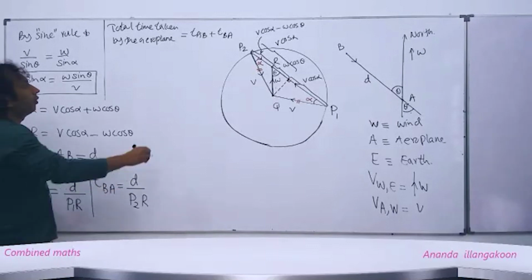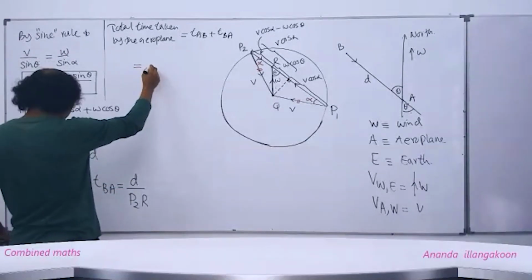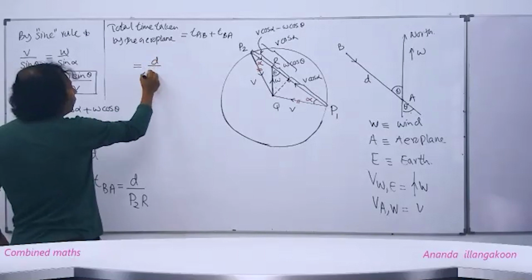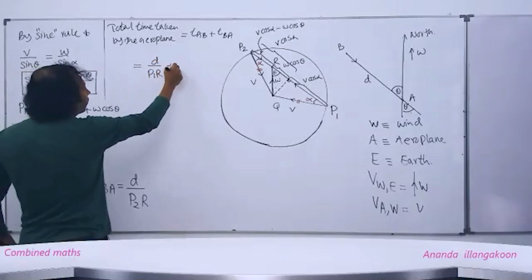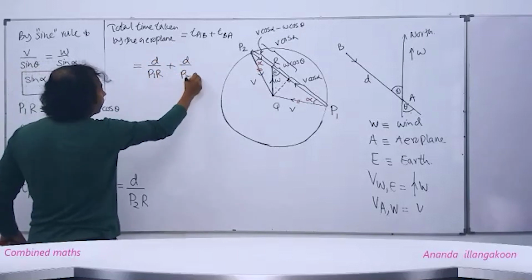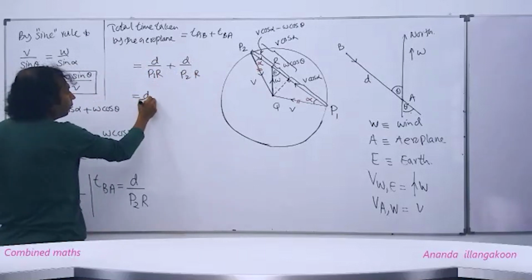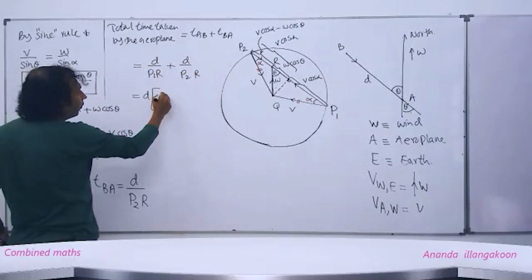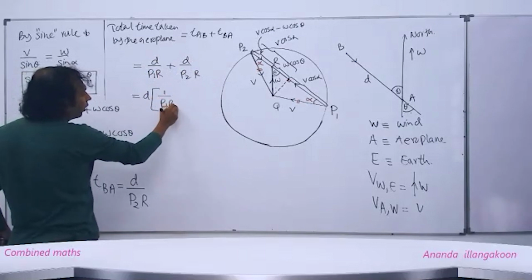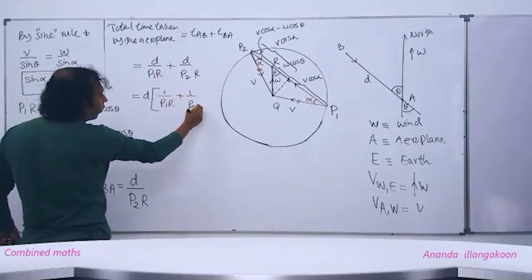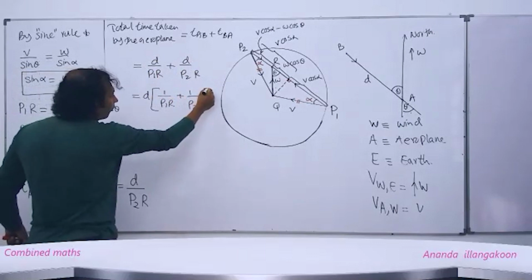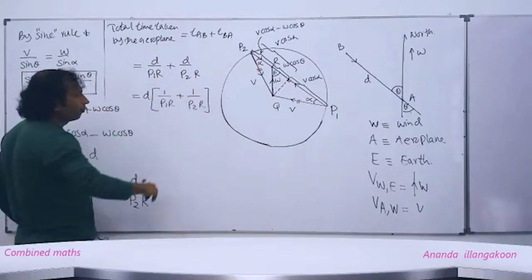Right? Then we can write that as how? TAB means D upon P1R plus D upon P2R. We can take this D out. What is that? 1 upon P1R plus 1 upon P2R. This we can write.